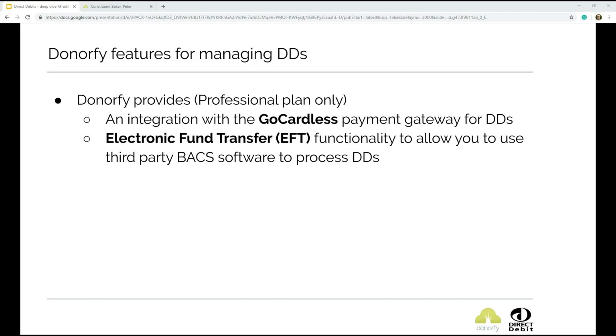We also offer what we refer to as electronic fund transfer, or EFT for short, which is the functionality that allows you to use a third-party BACS software to process your direct debits. So if you've already got a direct debit processor in your organization and you're using software, you can use that with Donorfy by exporting and importing files.